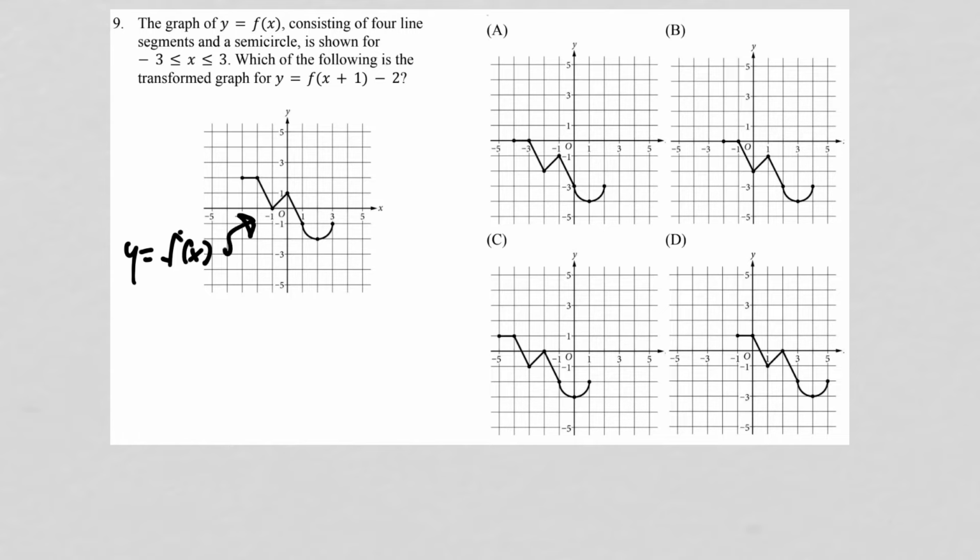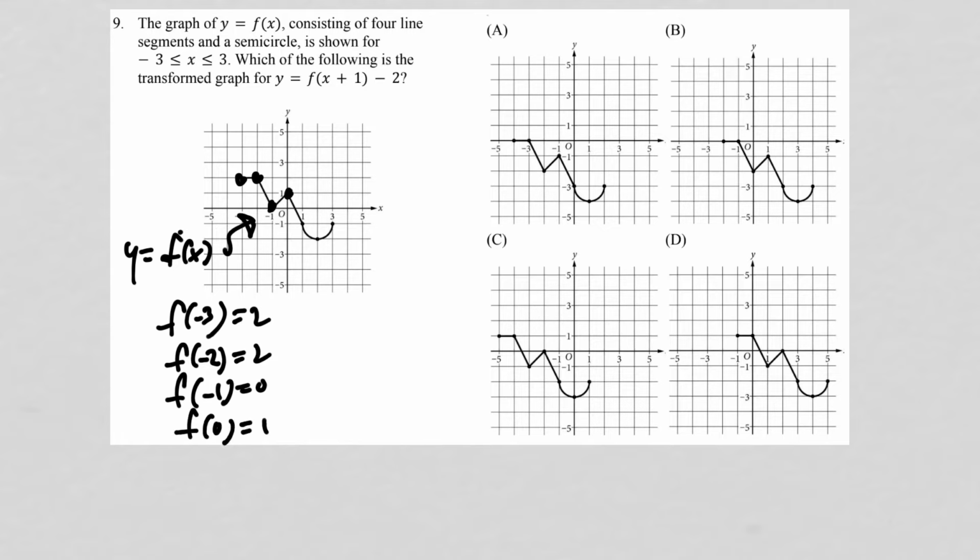Now, just to give you a sense of this, we would say that f of -3 is equal to 2, because there's a dot here, and f of -2 is also equal to 2, because there's a dot here, and f of -1 is equal to 0, because there's a dot here, and f of 0 is equal to 1. That's the function.